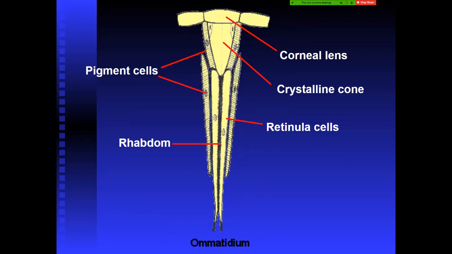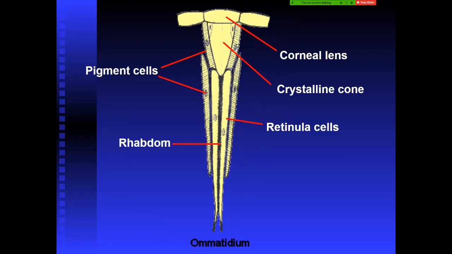So the light will hit these pigment cells that will turn that electromagnetic stimuli into electrical chemical stimuli that will depolarize the cells, and then apparently they'll travel down this rhabdom to the nerve cells down here.